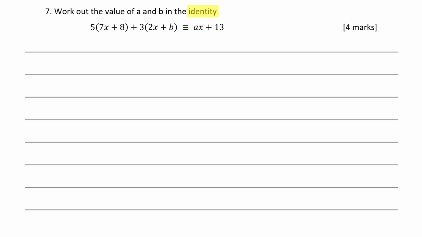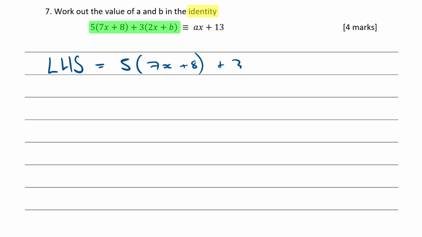So let's start with the left hand side, because that is the most complex. I'm going to write down LHS for left hand side, and that is 5 lots of 7x plus 8 plus 3 lots of 2x plus b. Okay, so we're just going to work on one side. We're not going to move things over. You'll get confused if you do it that way.